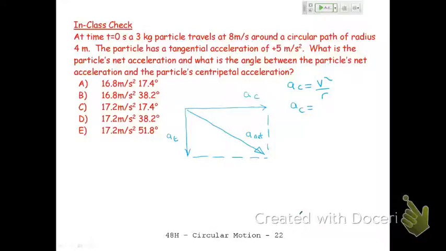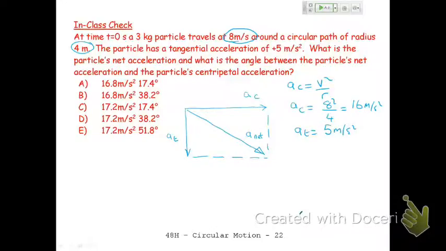So AC must equal 8 squared over 4, which equals 64 over 4, which is 16 meters per second squared. And I know that AT is equal to 5 meters per second squared.